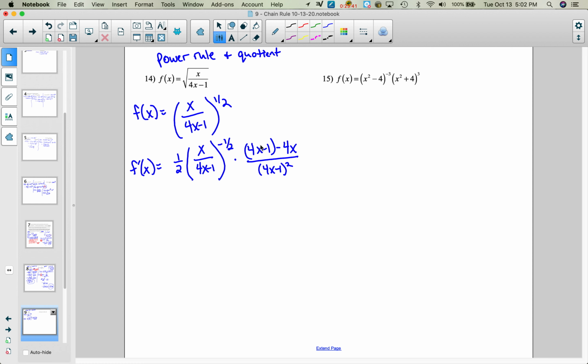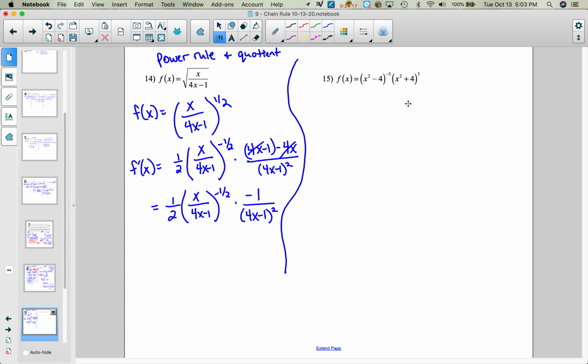So the 4x's are going to cancel, and we're left with, well, let me write it out. I think we have a negative 1 there. Okay, I'm pretty sure there's a little more we can do, but we're going to call it good on that one.